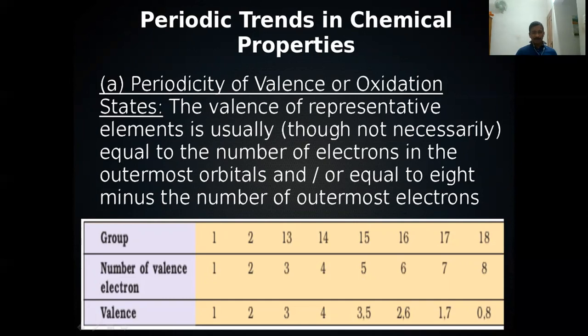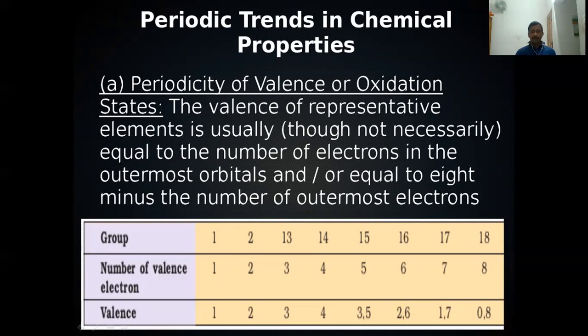Here we can see the table. Group 1, number of valence electrons 1, valency 1. Group 2, valence electrons 2, valency 2. Group 13, valence electrons 3, valency 3. Group 14, valence electrons 4, valency 4. Group 15, valence electrons 5.